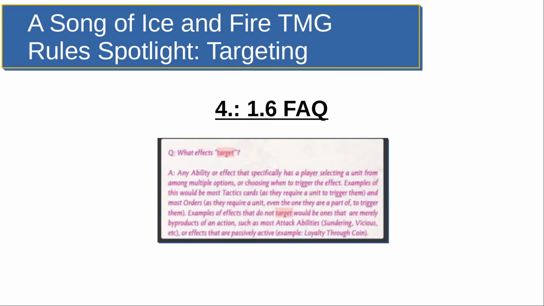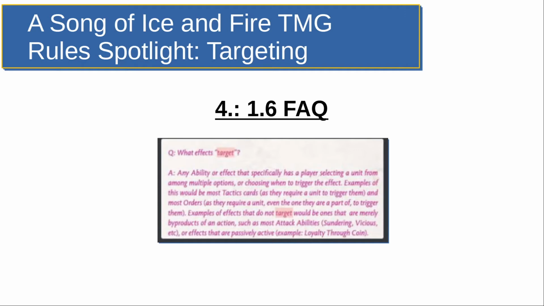So that would be effects that are merely byproducts of an action, such as most attack abilities, Sundering Visions, attack abilities, basically everything with a sword or the bow in front. Or effects that are passively active, like in this example here, loyalty through coin, which you don't have a choice when this happens.